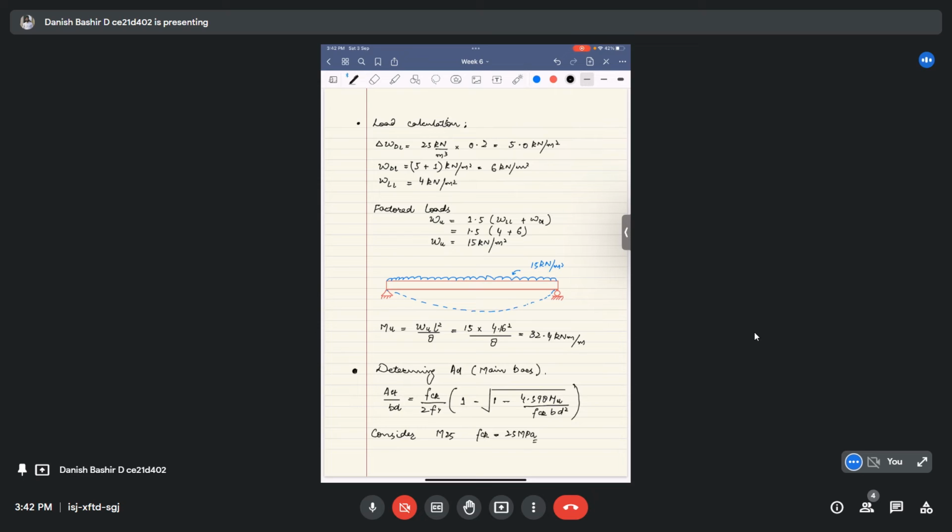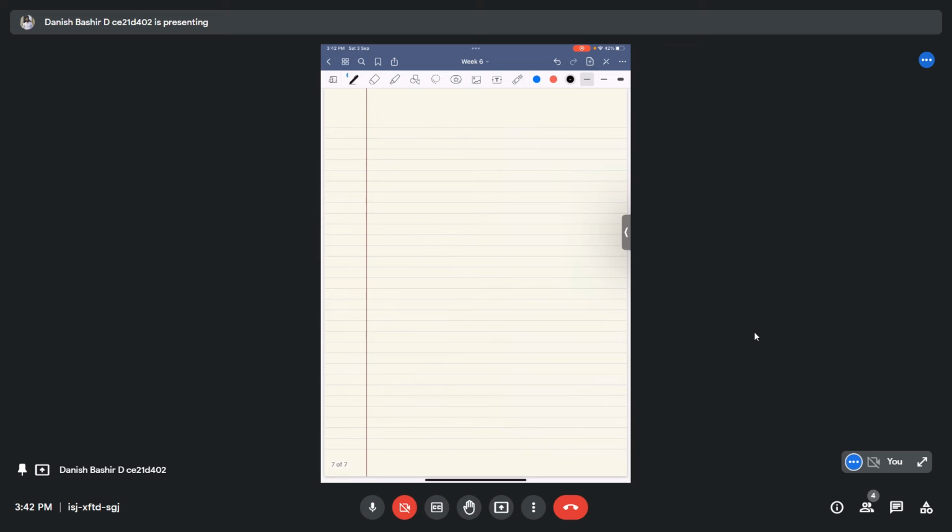So we have the values of all the things. We have Mu, fck, b, d, everything, and fy as well. We can calculate the quantity Ast by bd. It is actually Ast by bd is the percentage of reinforcement divided by 100. We can write it equivalently like this.